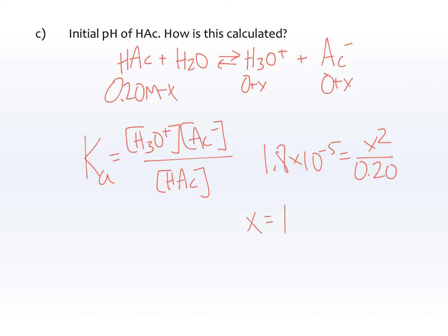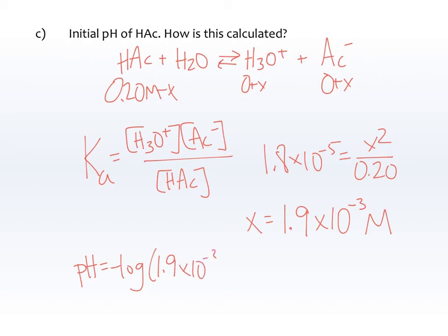X is equal to 1.9 times 10 to the negative 3. And that is molarity, the concentration of the H3O plus. So then the pH is just the negative log of this H3O plus. And since that's a negative 3, this should be 2 point something, 2.72.